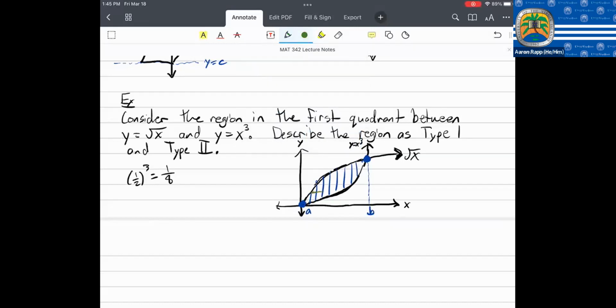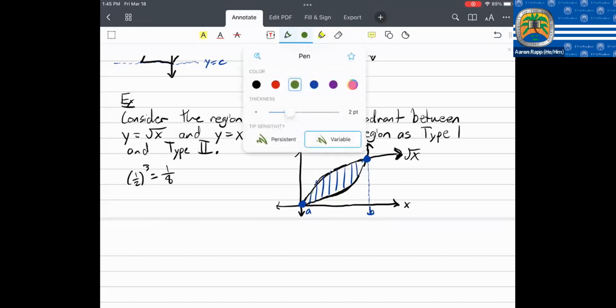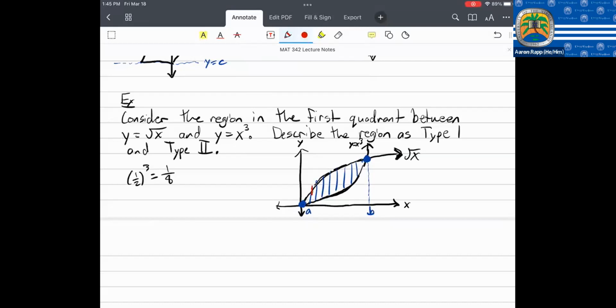how wide this thing is, how far I need to go on the y-axis, is then determined by the difference between those two functions.